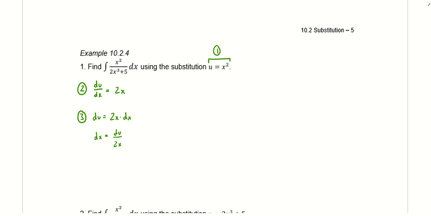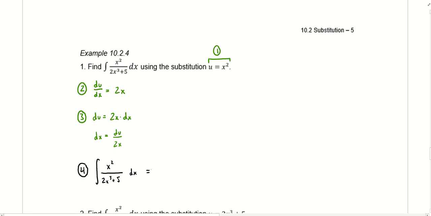So now we have everything we need to do the actual substitution in step 4. So my original integral is the integral of x squared over 2x cubed plus 5, integrating with respect to x.